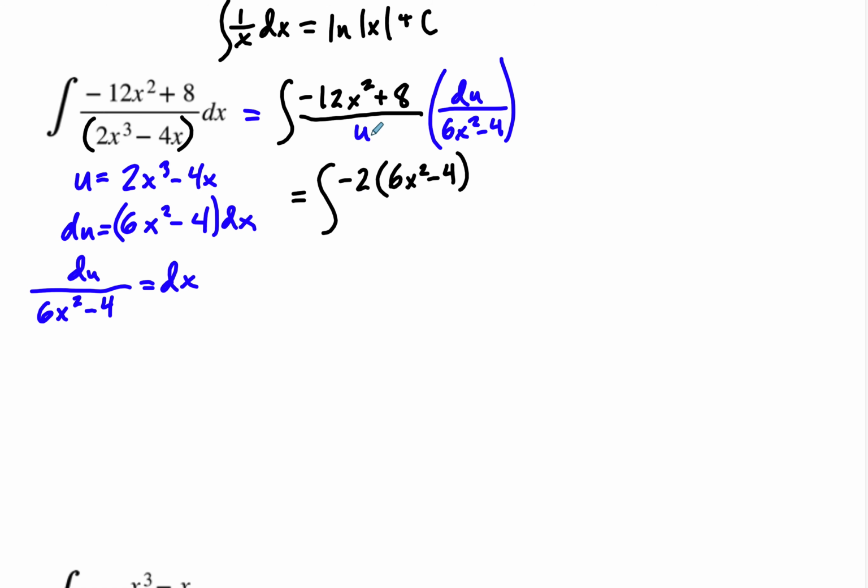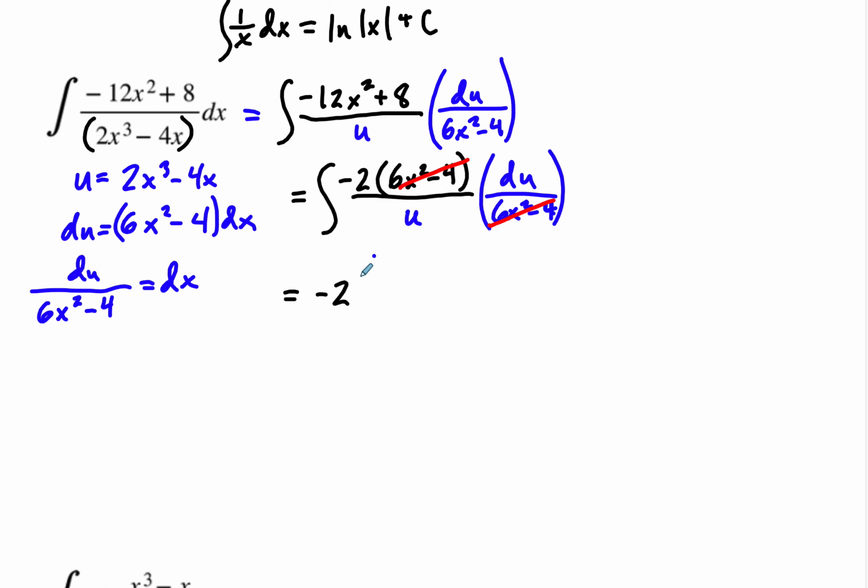Okay, so notice how these are set up for you to be able to do them. Otherwise the integral doesn't work. And now I can cancel out my 6x squared minus 4. So I'm going to cancel these two right here. And now I'm going to put that negative 2 outside.